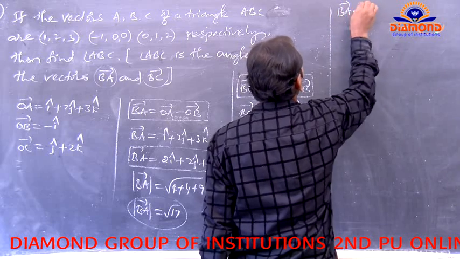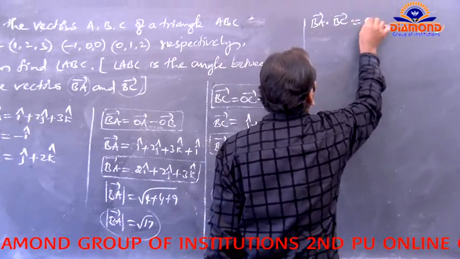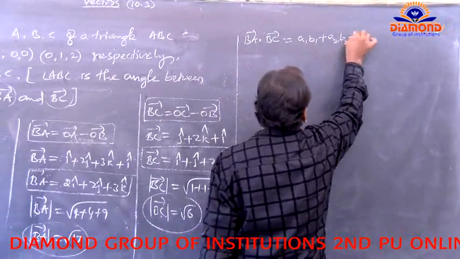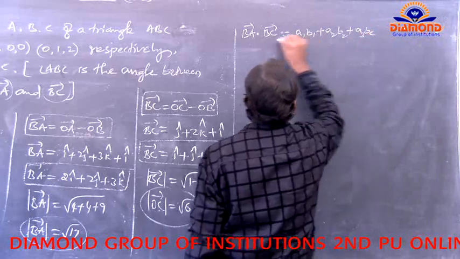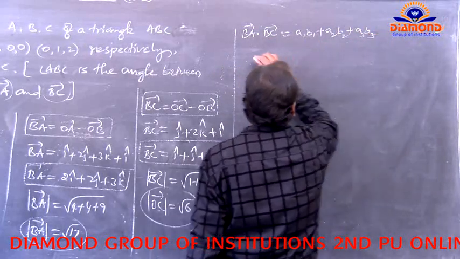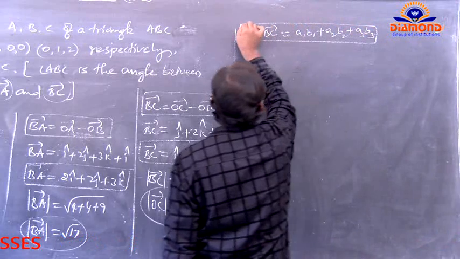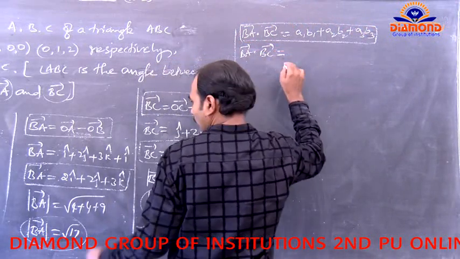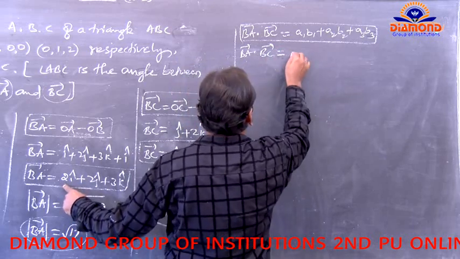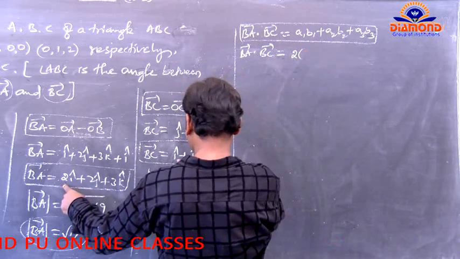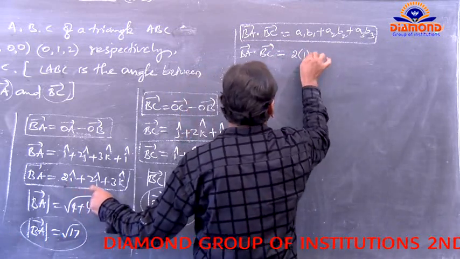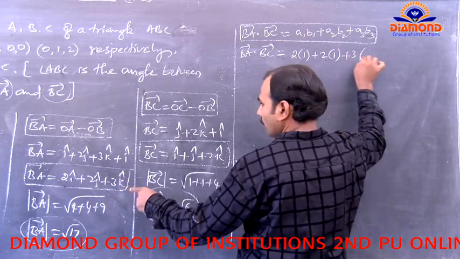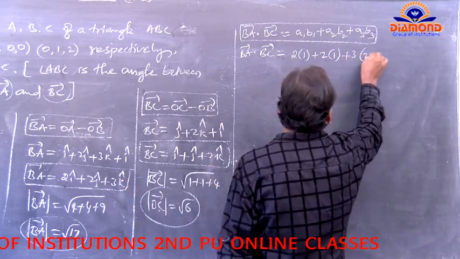BA bar dot BC bar equal to A1 B1 plus A2 B2 plus A3 B3. This is the formula. So apply this formula. BA bar dot BC bar equal to 2 into 1 plus 2 into 1 plus 3 into 2.